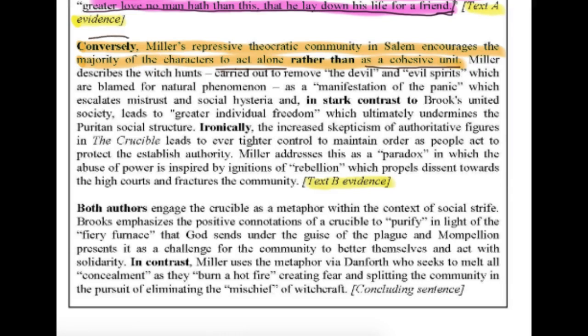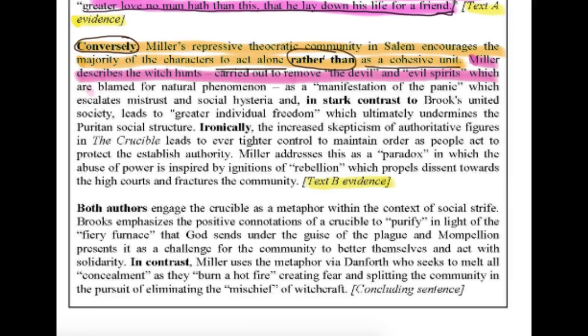What we're doing in this second part of the paragraph, when we're giving the text B evidence, is we're using lots of transition words. So we're comparing the two texts together. Okay, and then after that, we give the evidence from the text which supports that statement, which supports the topic sentence.